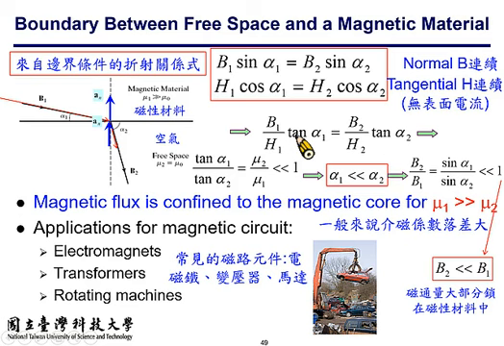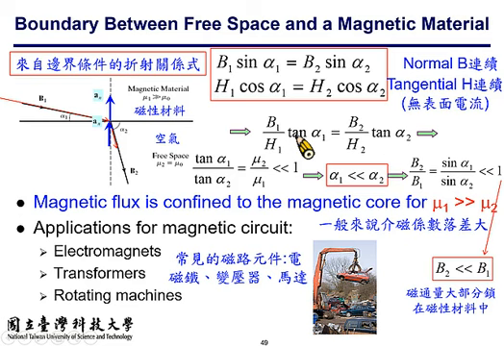And the normal component of magnetic flux density B shall be continuous as well. Sine alpha 1 helps to extract the normal component of B1. So B1 times sine alpha 1 equals B2 times sine alpha 2.